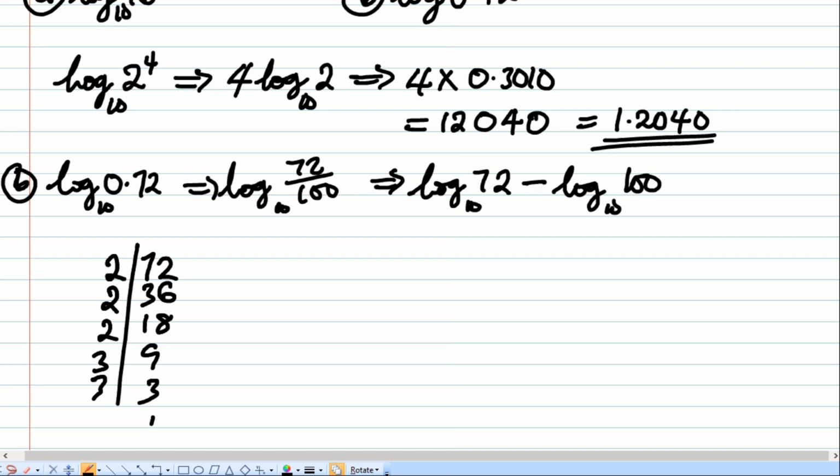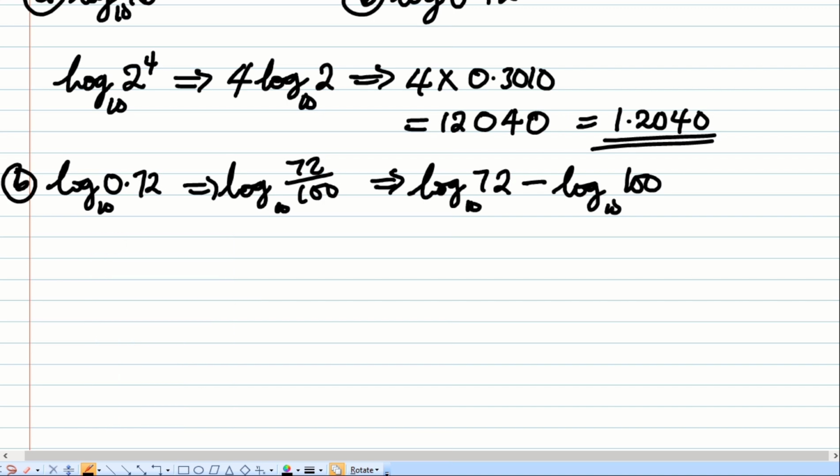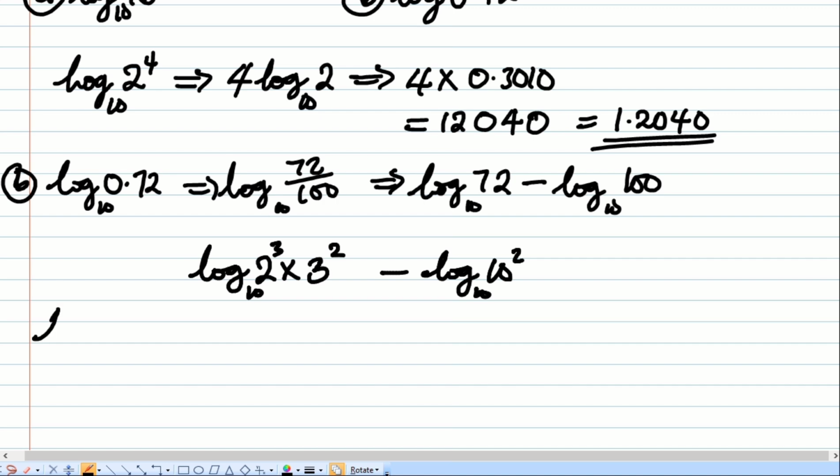So 72 is the same thing as 2 raised to the power 3 times 3 raised to the power 2. So we are going to change it. So we now have log to the base 10 of 2 raised to the power 3 times 3 raised to the power 2, minus logarithm to the base 10 of 100, which is the same thing as 10 raised to the power 2.